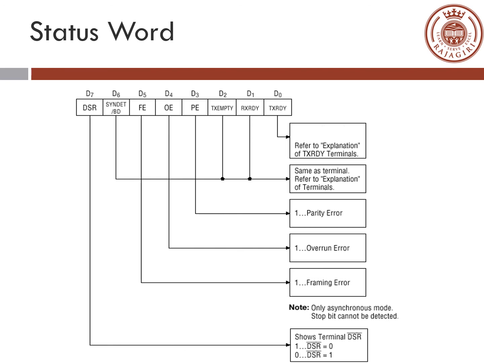The next one is the sync detect or break detect, which is the same as the pin values for sync detect and break detect. DSR shows the DSR bar pin, where 1 means DSR is active or DSR is equal to 0, and 0 means DSR is not active or DSR equals 1.